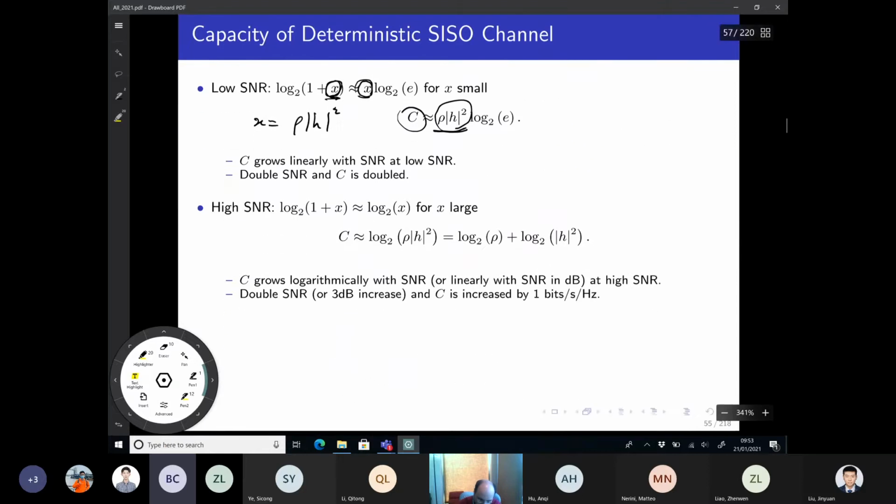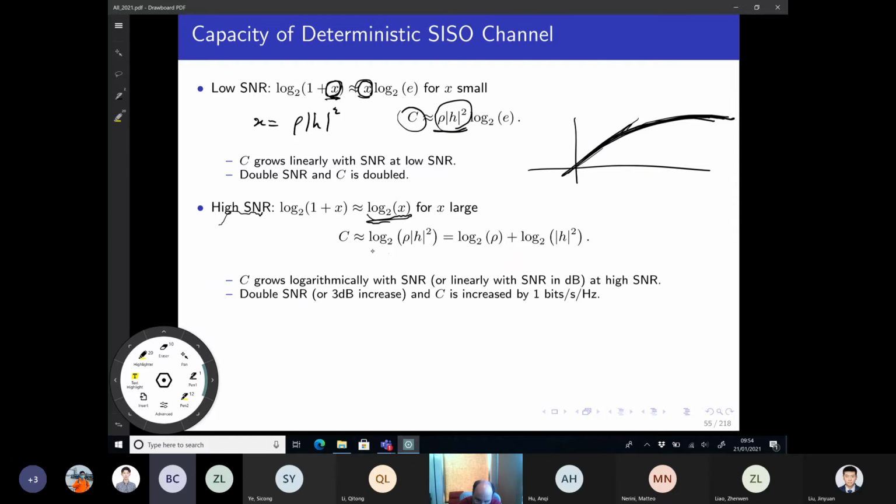Now, on the other hand, if you go to higher SNR, because your log is concave, something like this, you're going to have a linear behavior at low SNR, but at higher SNR you have something that is really concave. In that case, when log 1 plus x is sufficiently large, it just behaves as log 2 x.